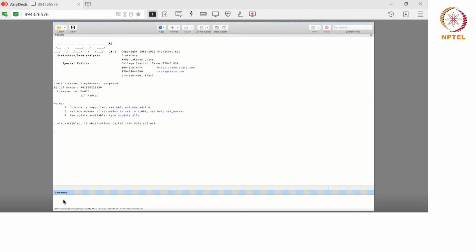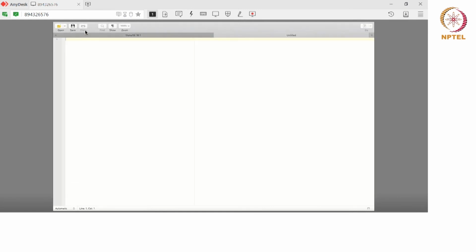The command would be gen. I am giving a name for the variable that I am going to generate, let us say gen L, and then I put output. Then you have to go back and see how you have defined the variable.